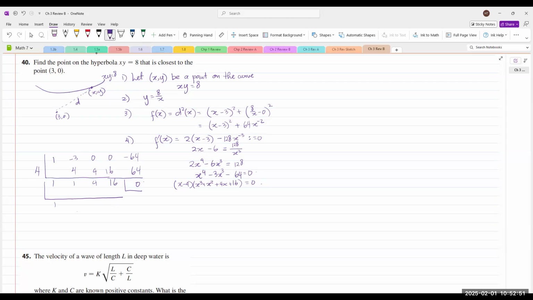Let's try -2. Oh, so it must be between -1 and -2 then, huh? Yeah, another zero is between -1 and -2.